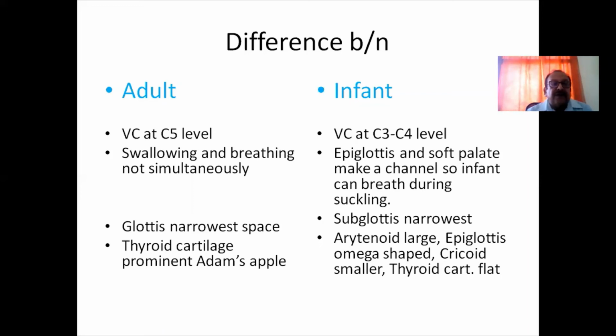In adults, glottis is the narrowest part of the larynx, whereas in infants, the subglottis is the narrowest part of the larynx. In adults, thyroid cartilage is prominent and known as Adam's apple. There is no Adam's apple in infant larynx, and the arytenoids are large, epiglottis omega shaped, cricoid is smaller, and thyroid cartilage is more flat.